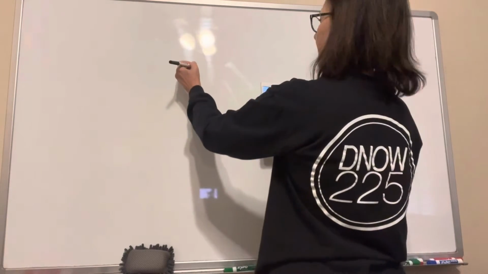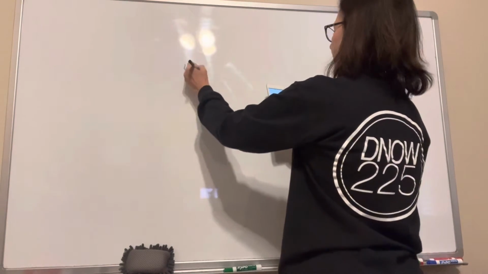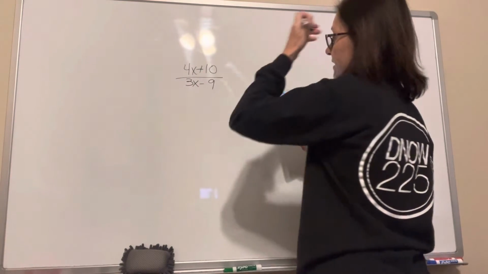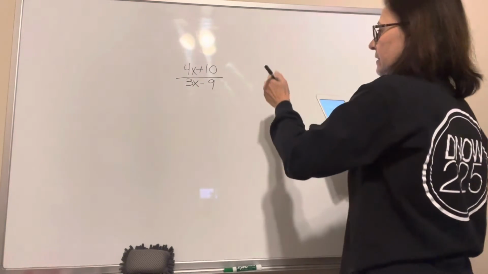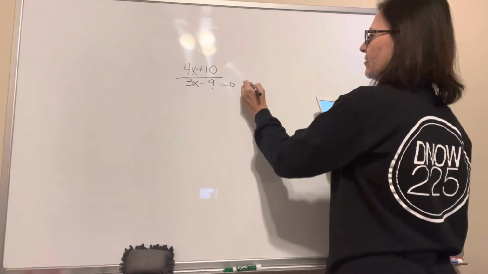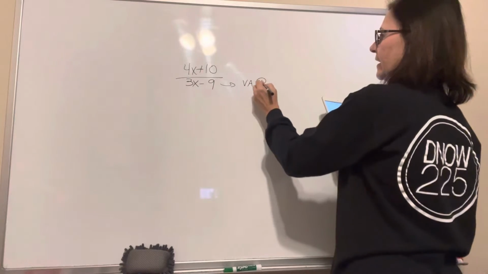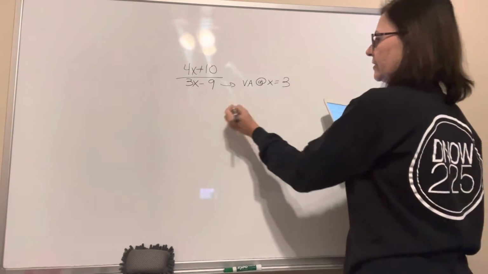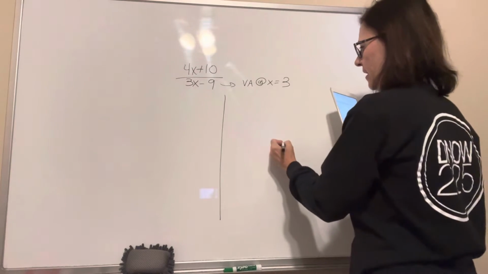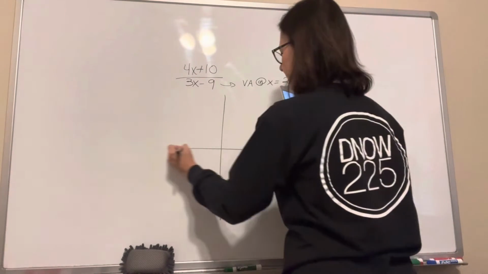Sketch a graph of (4x plus 10) over (3x minus 9). We have a vertical asymptote at x equals 3. It's not a hole because that's not also a zero of the numerator.